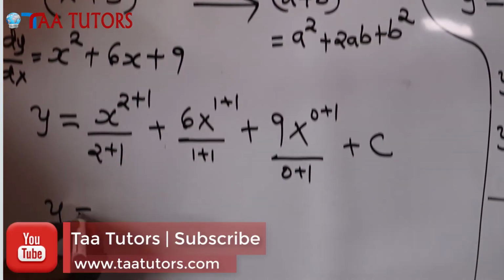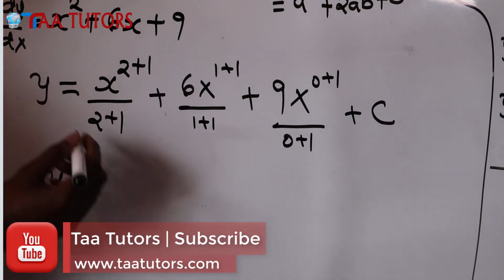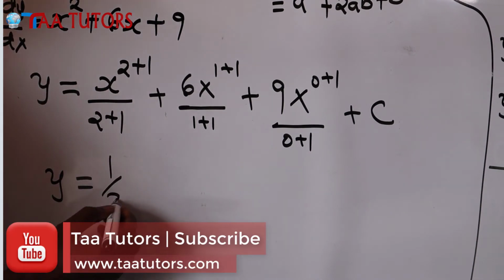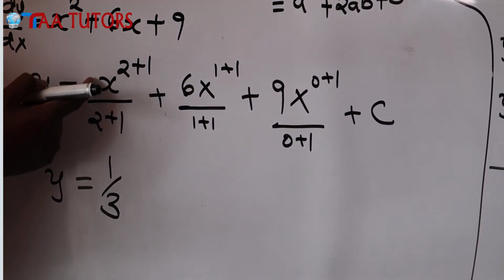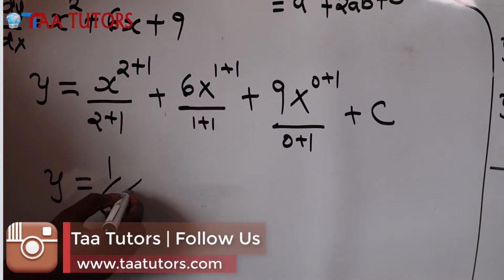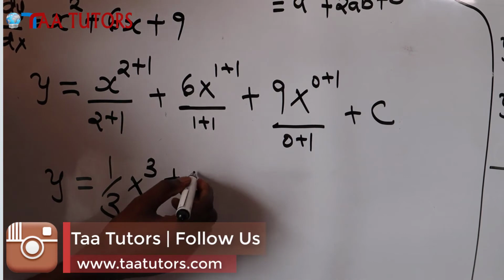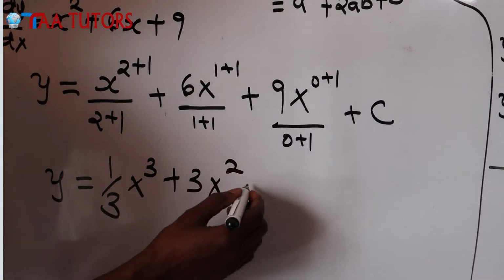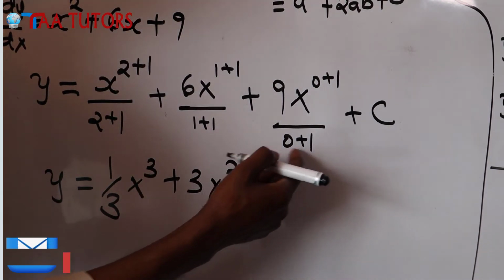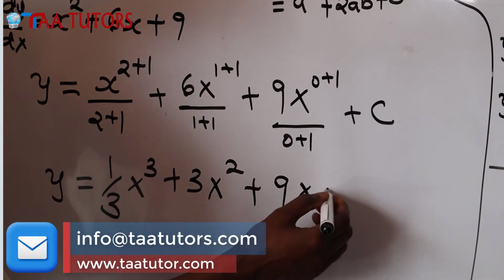So y here equals 1 over 3, because there is a silent 1 here, x power 3, plus 6 over 2 is 3, x power 2, plus 9x plus c.